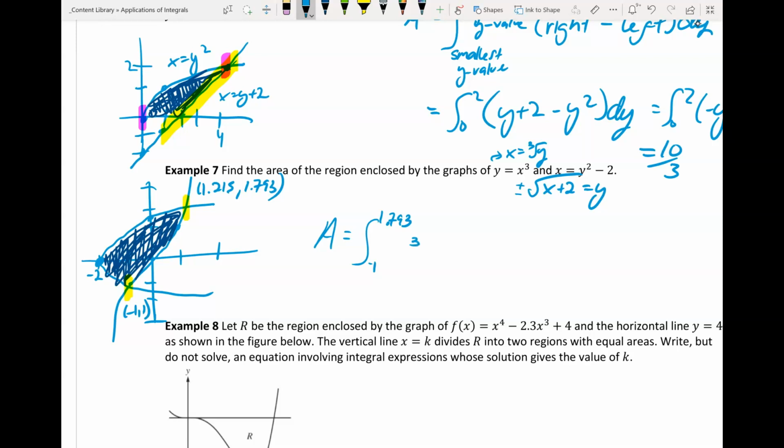So our most right function is cube root of y minus, in brackets, y squared minus 2, dy. And then if you want to do a calculation here, you can probably use your graphing calculator, knowing that we have a decimal as part of our bounds. So this will be 4.215.